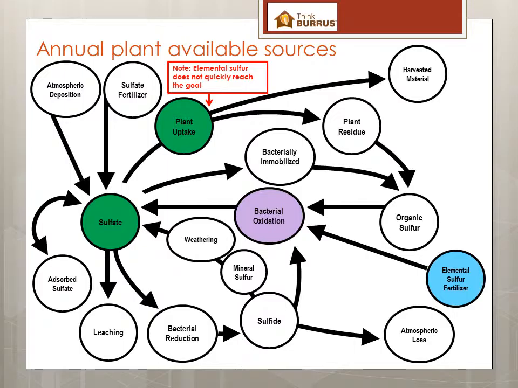And you can see right here, elemental sulfur really takes a while to get to that goal. It's not nearly as efficient as sulfate fertilizer is at getting to rapid plant uptake. And that's one of the reasons why elemental sulfur really works better as a long-term fix for sulfur deficiencies rather than a quick-term fix.